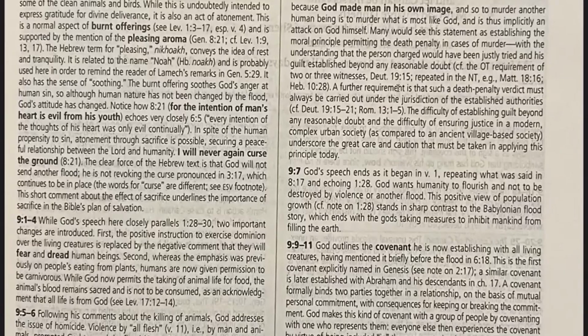However, this is what the Lord gives us to deal with the sinfulness of man, right? As we talked about yesterday, and as the ESV Study Bible notes, even though there was a recreation, right, the sinfulness of man is still here, right?